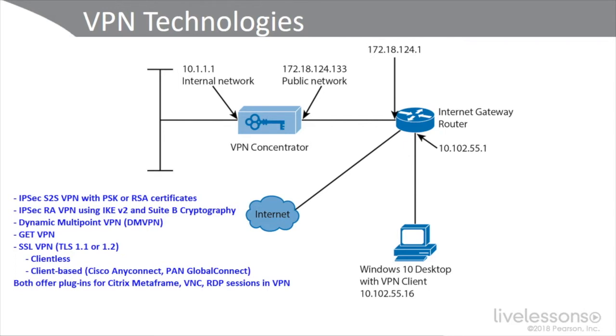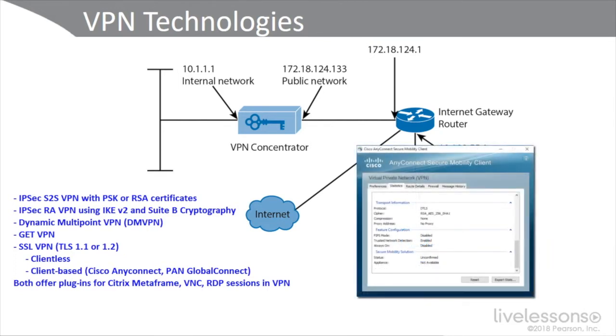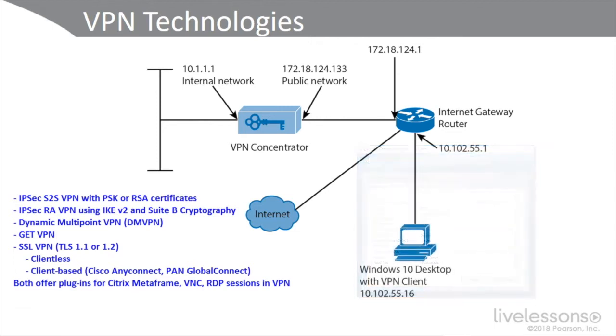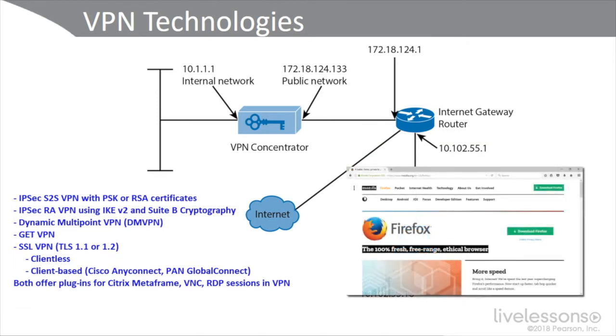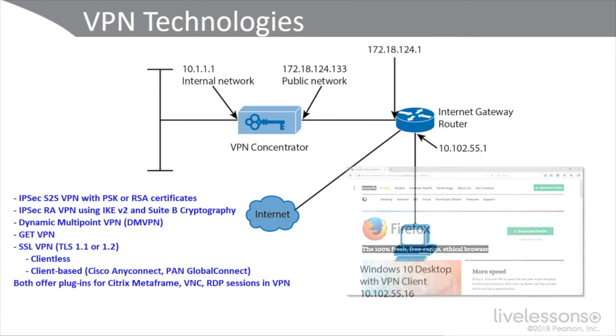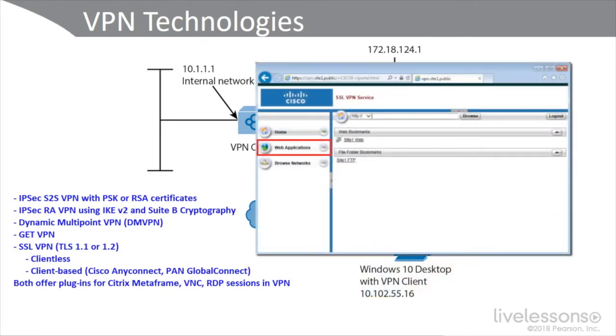However, we may be seeing more elliptic curve DSA certificates being used because of the popularity of elliptic curve, or ECC. IPsec can also provide remote access VPNs between your concentrator or your gateway and end users, either installing some type of client like the Cisco AnyConnect client or the Palo Alto Network's Global Connect client, or it could be clientless, where they just use a supported browser and connect to the outside interface of your gateway for a basic VPN portal.